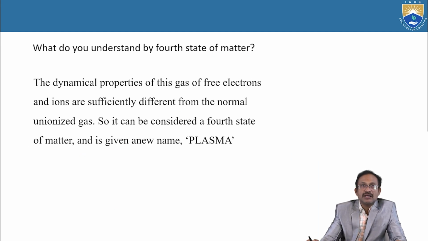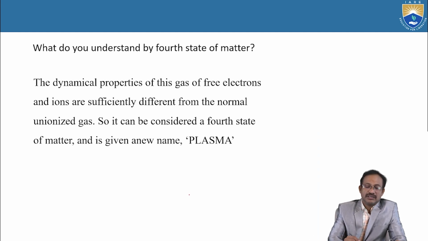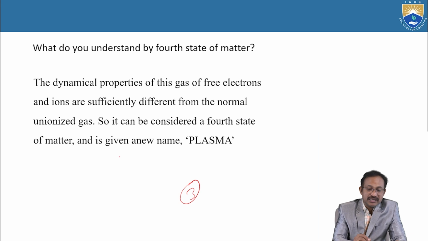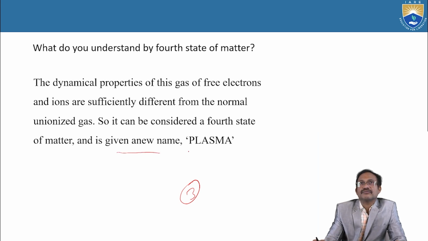Third, what do you understand by the fourth state of matter? The dynamical properties of this gas of free electrons and ions are sufficiently different from the normal unionized gas.